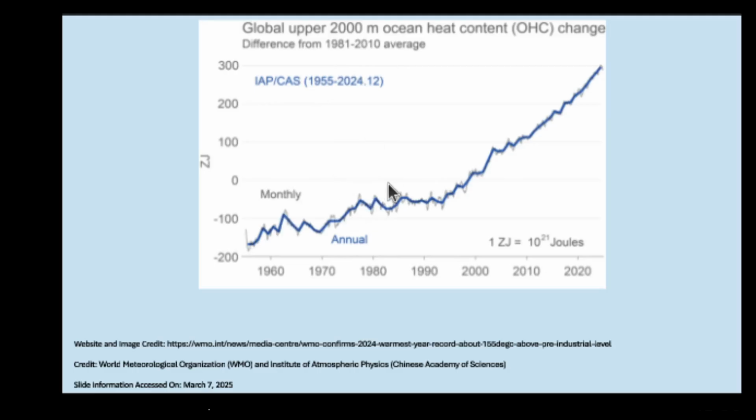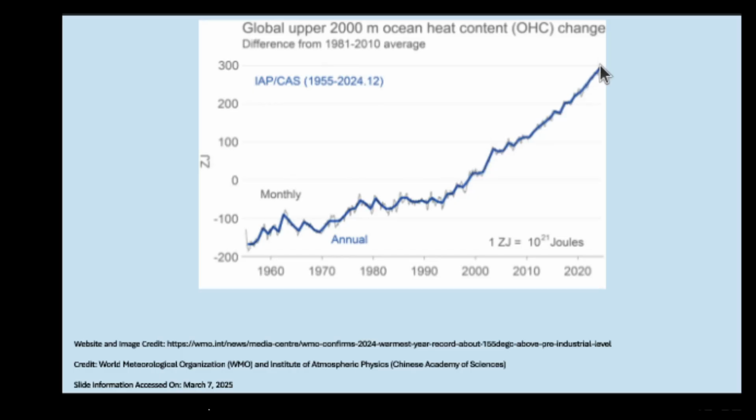The amount of energy increased as the amount of energy accumulated more in the ocean due to increased use of fossil fuels, therefore more emissions of greenhouse gases into the atmosphere. The energy accumulated more and more in the ocean, and by the time we got to around 2000, it was about 100 units of zettajoules above that 1981-2010 average.